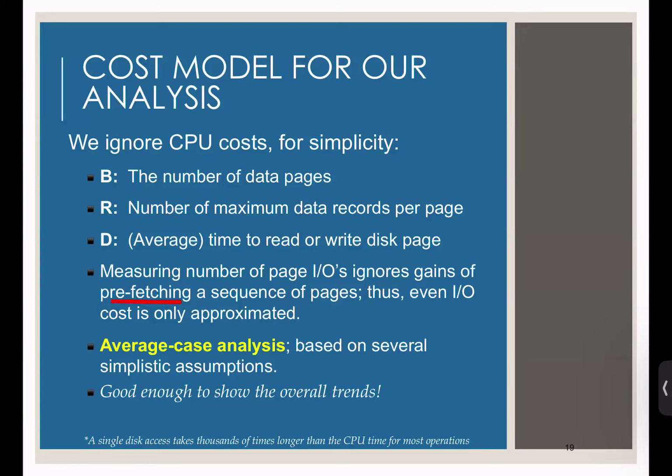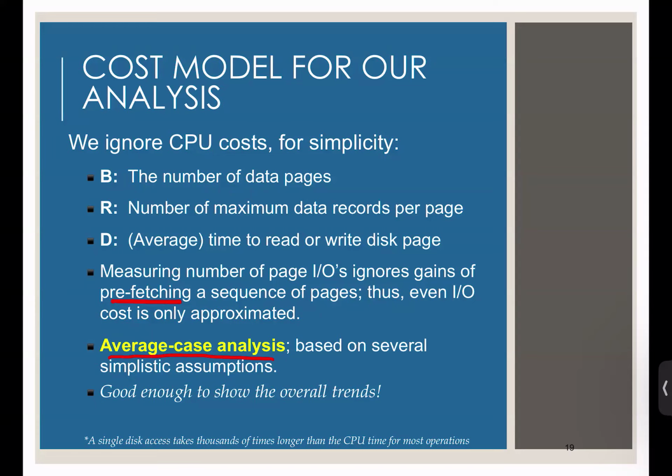That's called prefetch. We will not do that because otherwise the cost analysis would be really complex. So whenever we need a page, we just grab it. No prefetching is allowed. And we would do average case analysis. Even though we could do best case or worst case, we'll look at average case analysis.